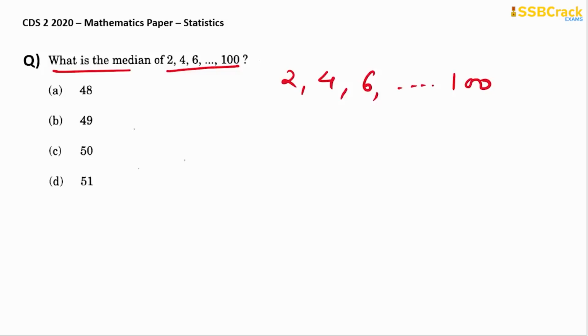And median is all about the middle observation of the data, isn't it? So you know that these are total 50 even numbers. See, I am giving you the short approach for this answer. We need not solve in detail for finding the median of the data. All right, simple approach. So 50 even numbers are there, out of which we know these numbers are already arranged in ascending order. So we need to just write the median formula for even.